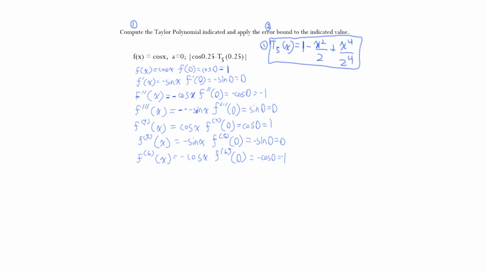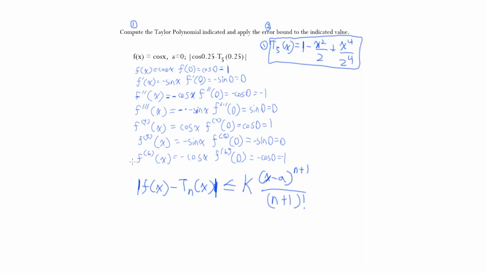Okay, so now we move on to part 2, apply the error bound. So the formula for the error bound of a Taylor polynomial is the absolute value of f of x minus T n of x, that thing over there that we saw, is less than or equal to K times the absolute value of x minus a to the n plus 1 all over n plus 1 factorial.